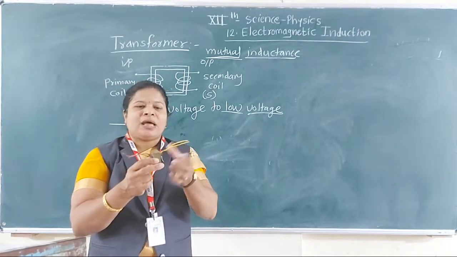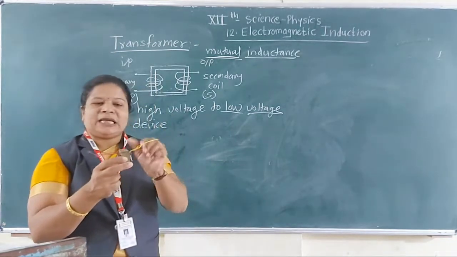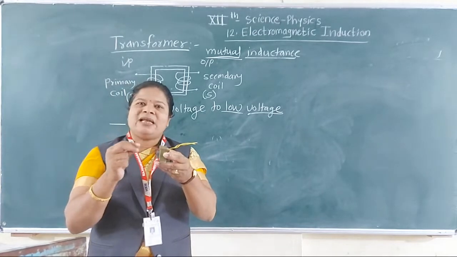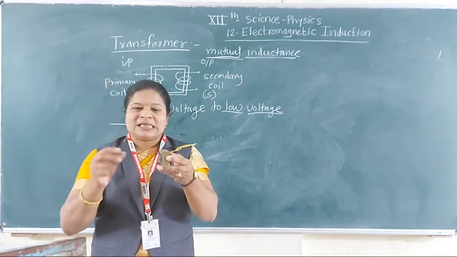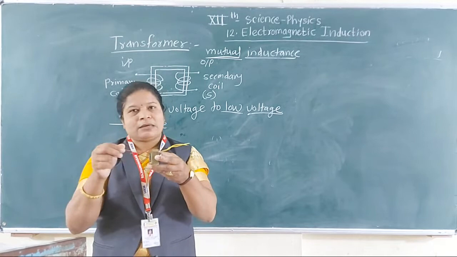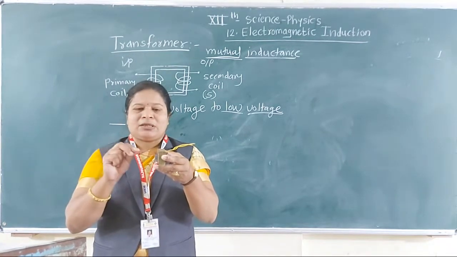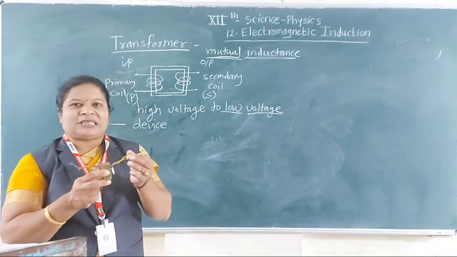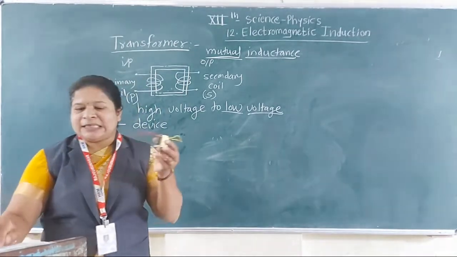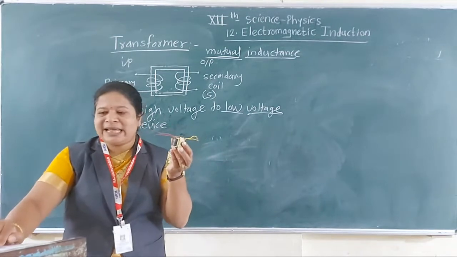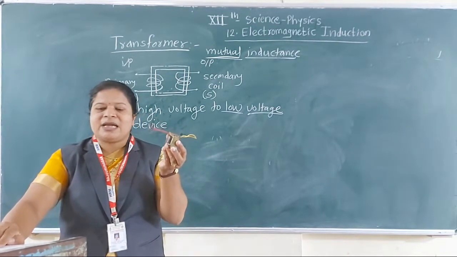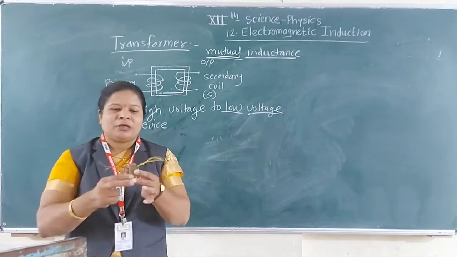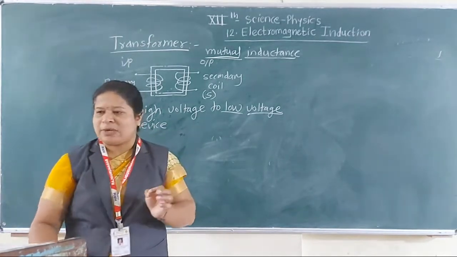This is the input, high voltage incoming in this coil, and this secondary coil gives us high voltage for the electronic circuit. So the main use of this transformer is converting the voltage of alternating current from low value to high value. So this is one type of transformer.